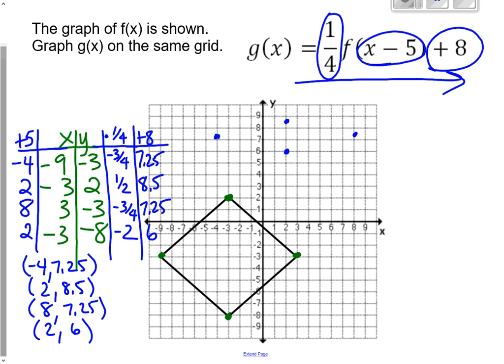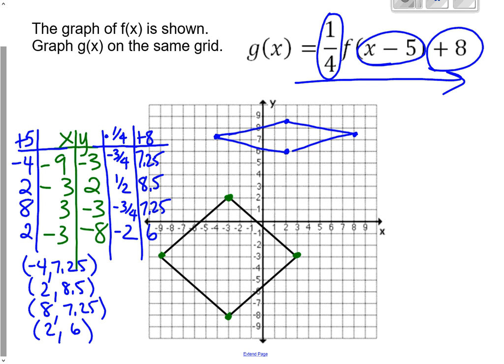So we have really compressed this thing. So it's like we squished it. There we go. Look at that. So it's like we've taken our hands, like top and bottom, and pushed them down. All right, and then we move the whole thing 5 over to the right and 8 up.